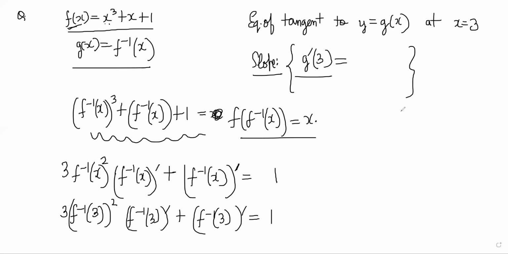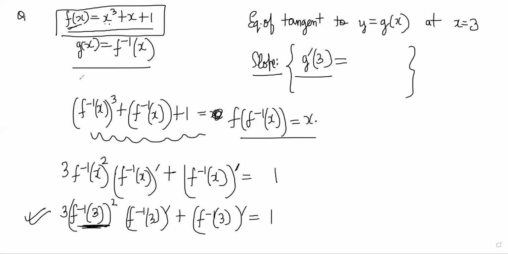F inverse 3 is what? F inverse 3 whole cube plus f inverse 3 plus 1 is 3. That means this equation is coming, but you have to know the value of f inverse 3, right? So for that, you can use the previous equation, the one below that.